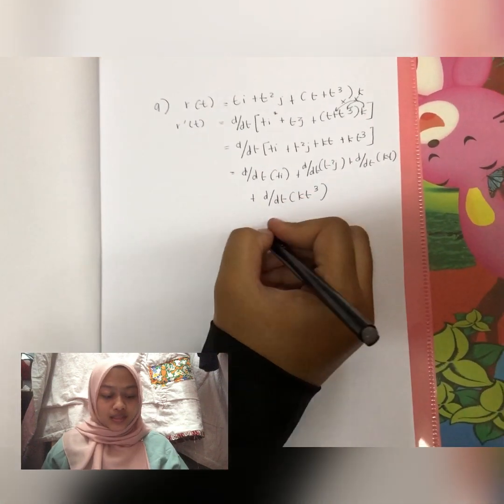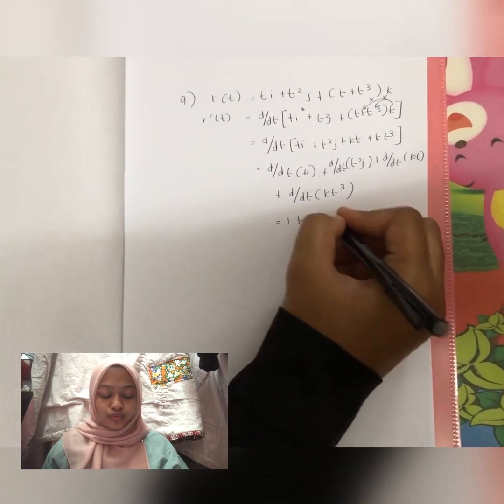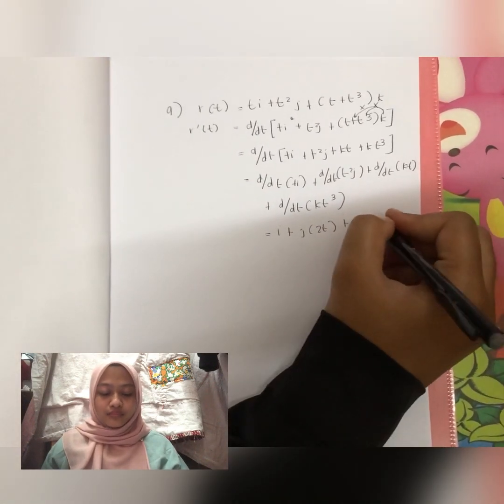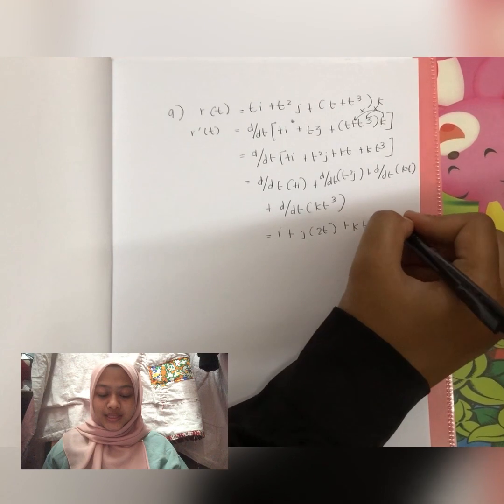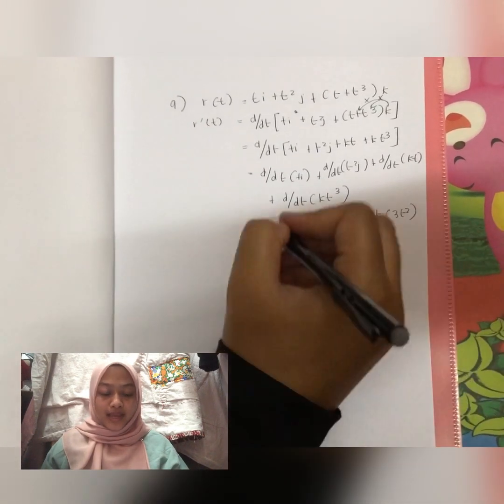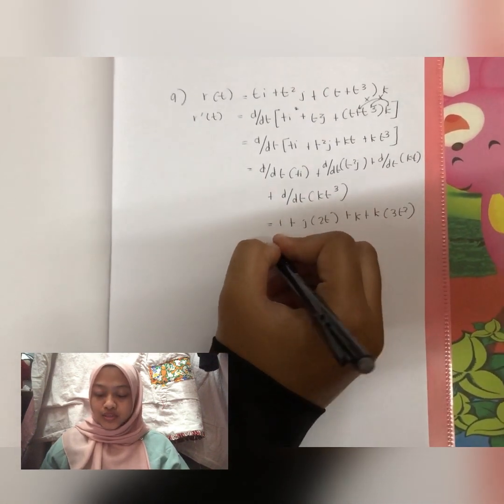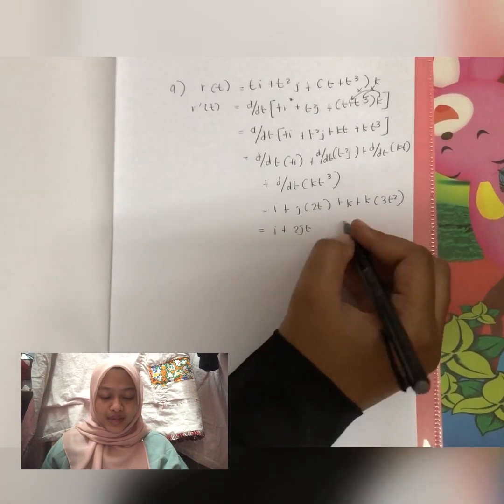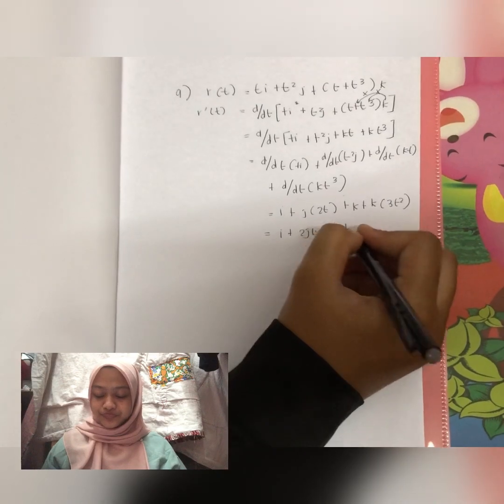So it will be i plus j(2t) plus k(1 plus 3t squared). So the solution is i plus 2jt plus k plus 3kt squared.